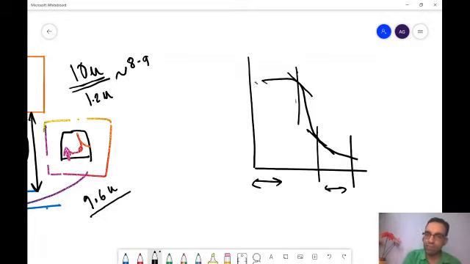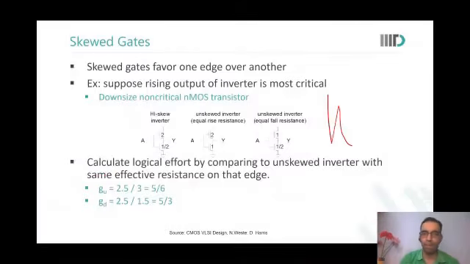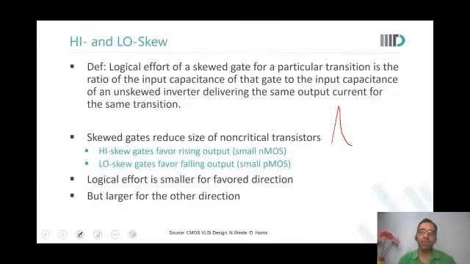If I have shifted this curve here, this 45 degree point has shifted here. So the noise margin has reduced. Okay, got it. I understood noise margin wrong. So when you use skewed gates, the noise margin gets degraded. And you could have high skew, low skew, but you could design both the sides.